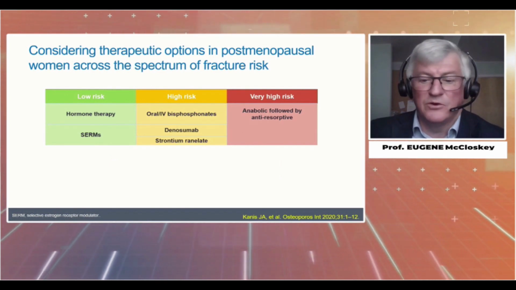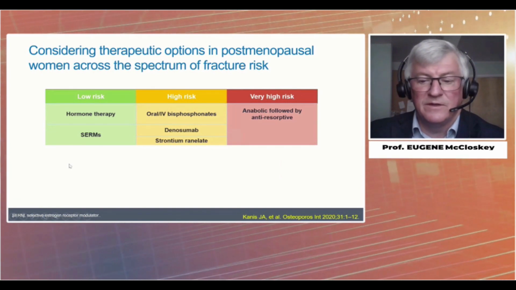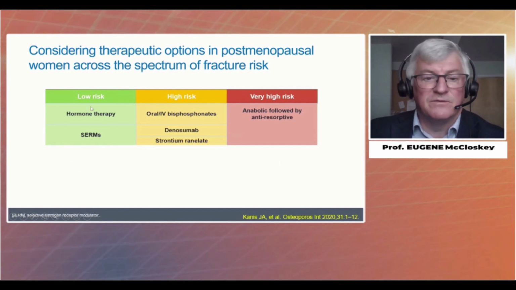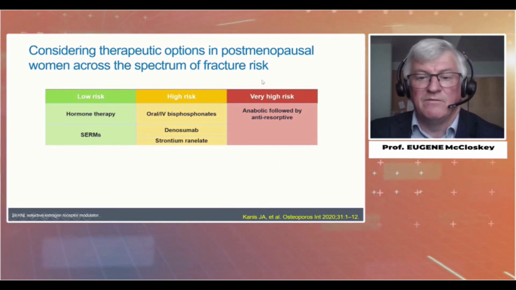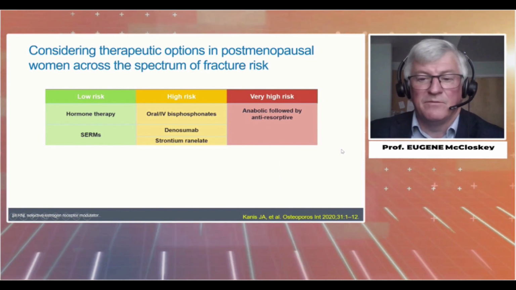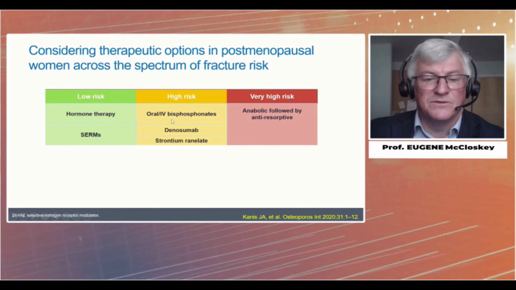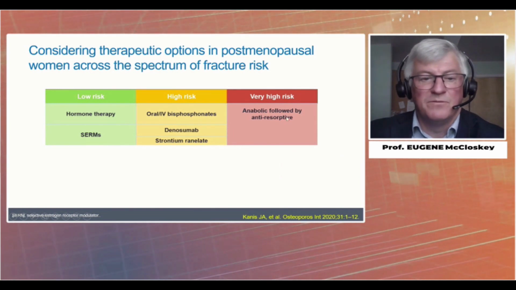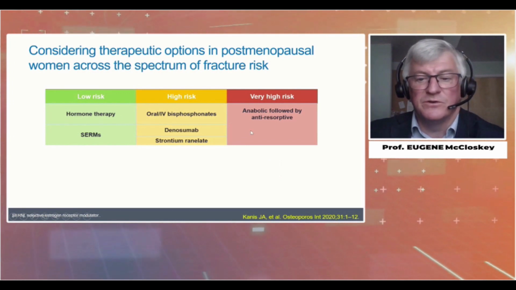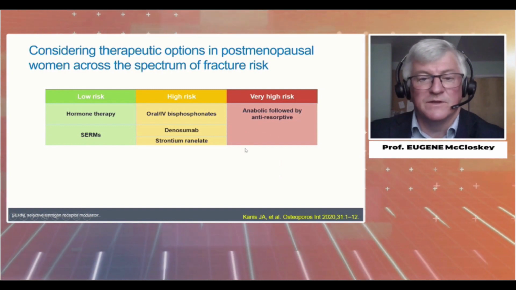This is from European guidance that was published 3 years ago now in Osteoporosis International. And we have this sort of low risk, high risk, and recently this new category of very high risk. And this risk stratification then allows us to stratify the treatment options as well, and those treatment options reflect the ones that I've just shown you on the previous schema that I devised a few years ago.